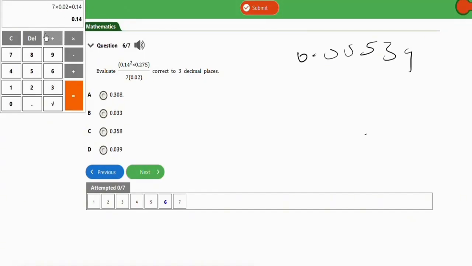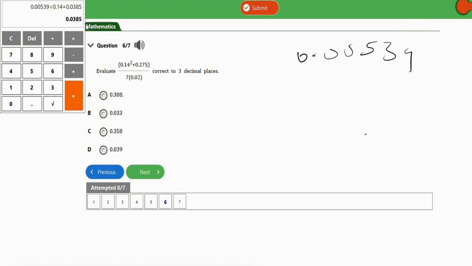So finally it will now be 0.00539 divided by 0.14. What's the output? Press equal to, we have it to be 0.0385.